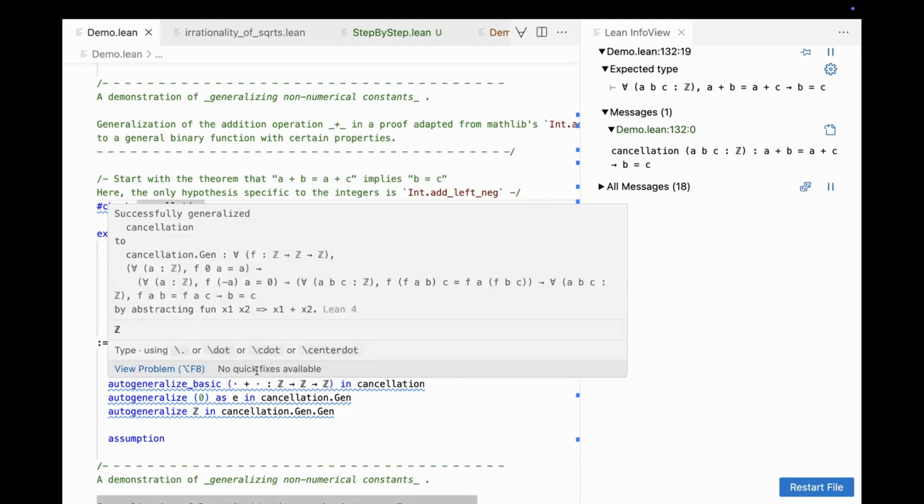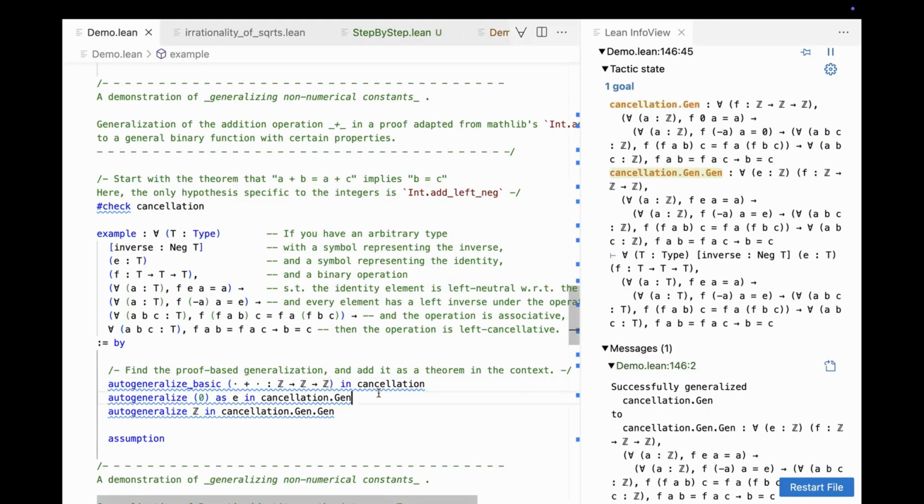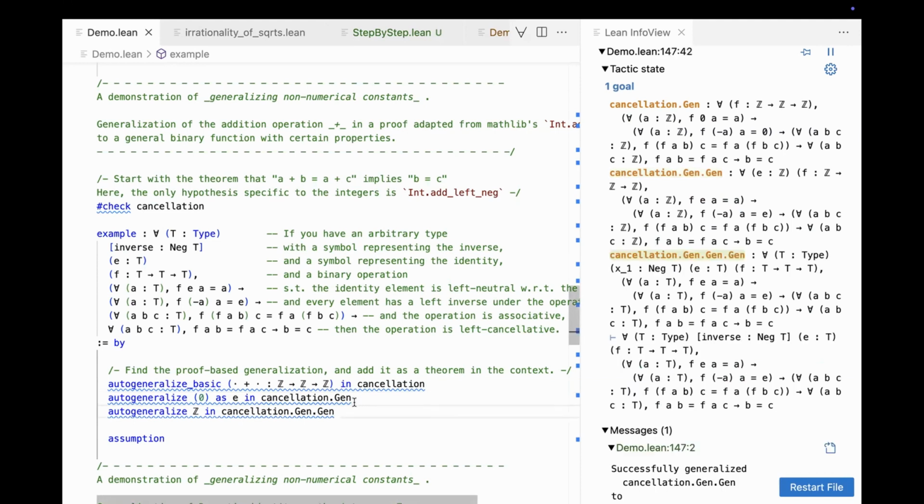We can generalize addition in that to an arbitrary binary operation. We can generalize 0 to an identity element that obeys certain conditions: that binary operation, when it operates on that identity element and some other element, gives you back that element. And we can also generalize that type, the integers.